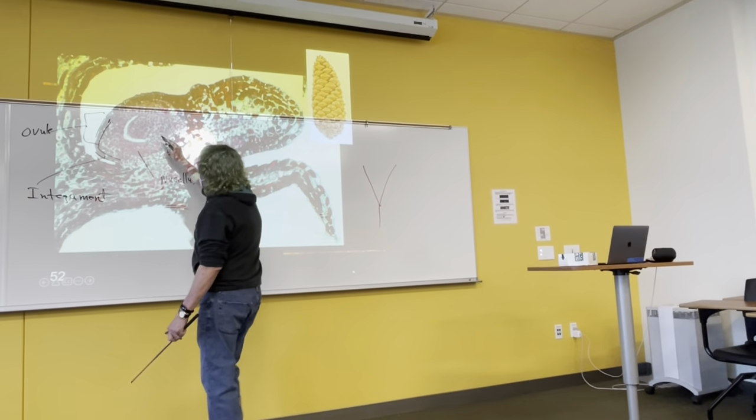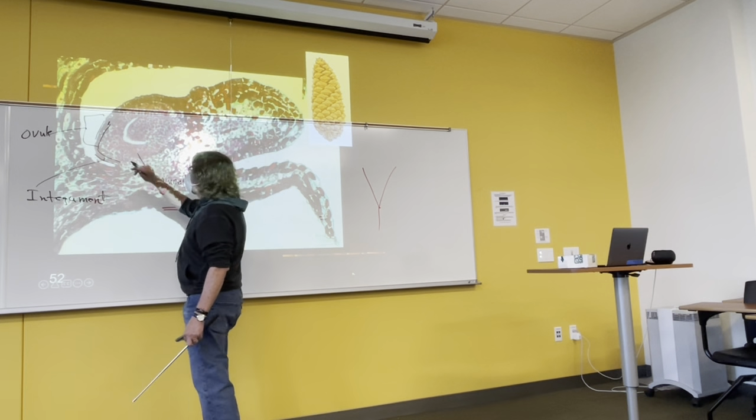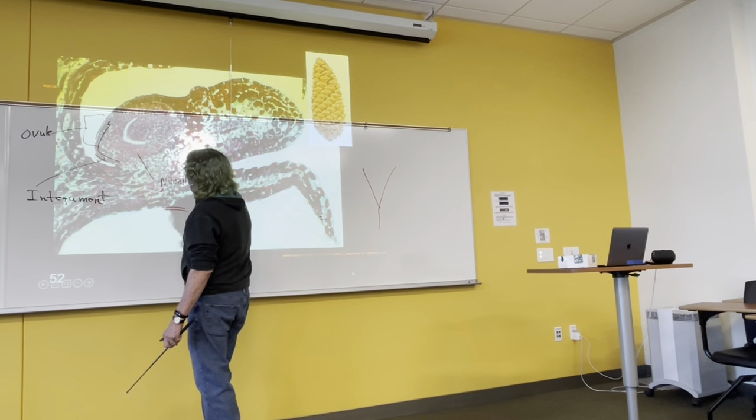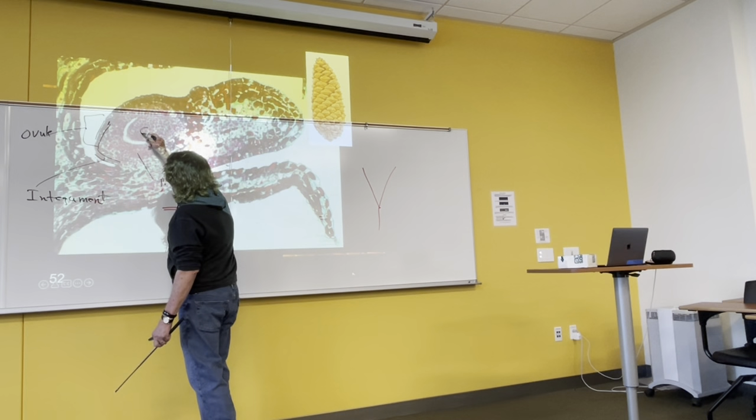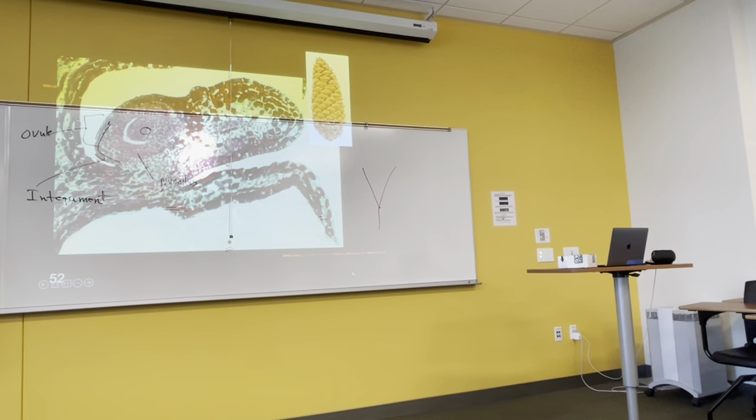Now, what happens here, so this is the megasporangium. It will produce one cell in here that is the megasporocyte. This is not shown here, and I don't have any slides of it. Of course, it's diploid, okay? And it parallels that same thing up there.